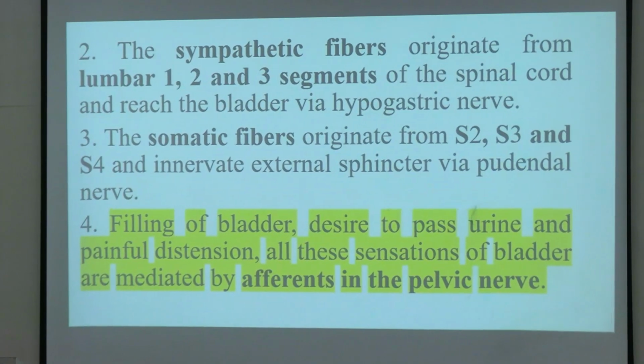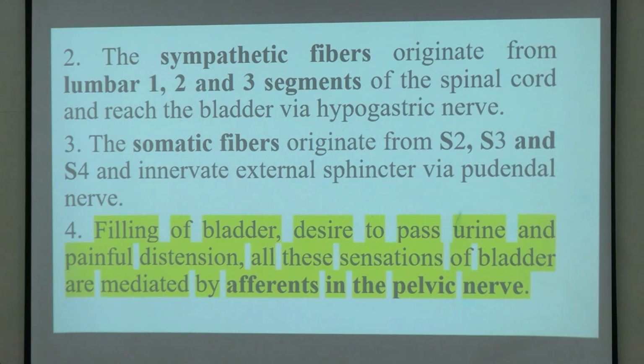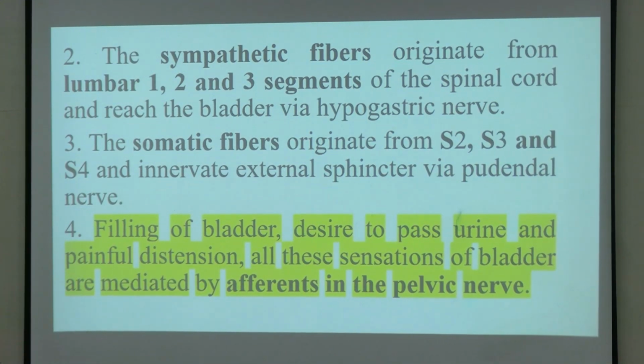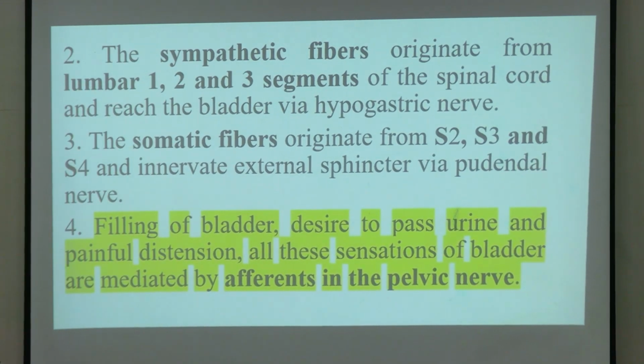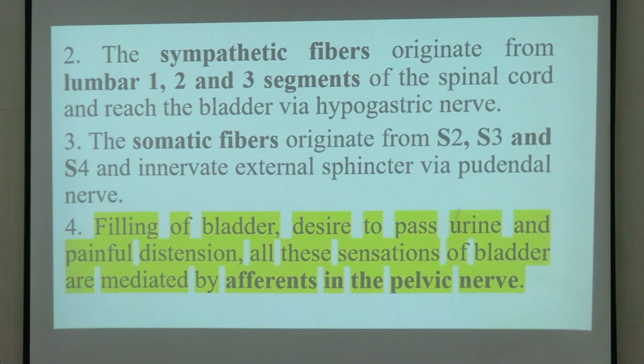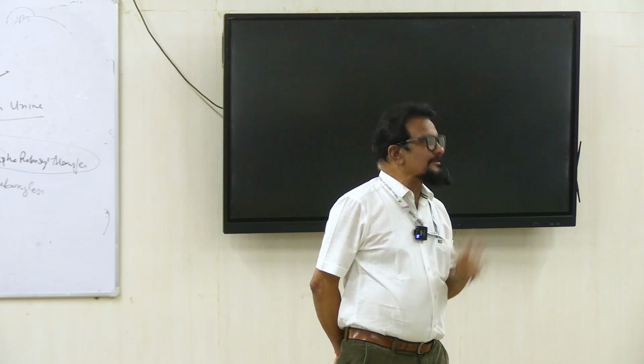Now the sympathetic. Where is this? Lumbar 1, 2, 3 segments are the center for the sympathetic, and the nerves coming out from here will be both afferent as well as efferent, and the nerve is the hypogastric nerve. Okay, they will be supplying both the detrusor as well as the internal sphincter.